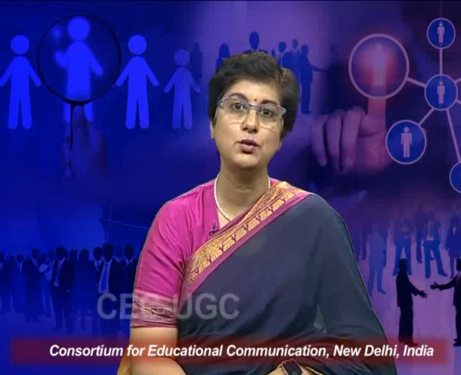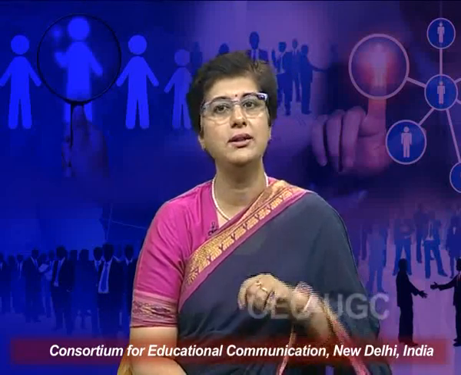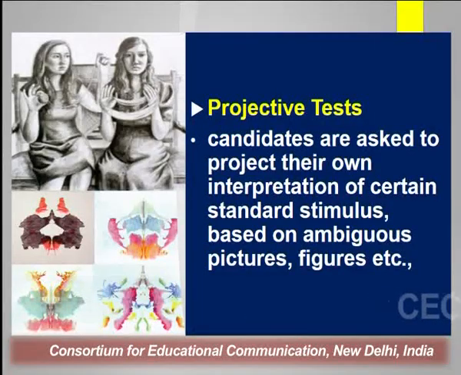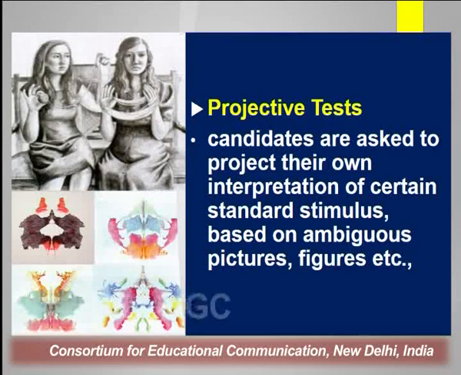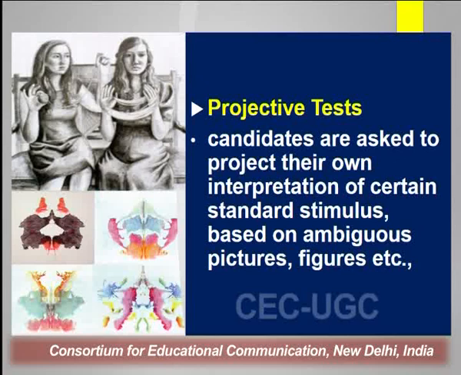In projective tests, the candidates are asked to project their own interpretation of certain standard stimulus based on some ambiguous pictures, figures, etc. You can see in this slide there are two sets of pictures. The upper one is that of two girls sitting, and the lower one is a test which we are going to learn in detail, a very interesting test called the ink blot test.